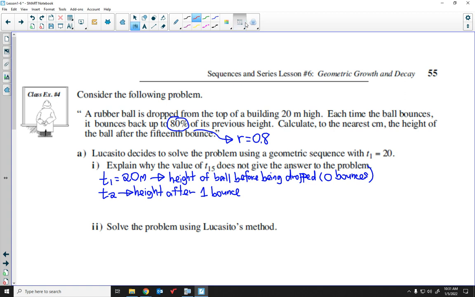Okay, so you got a bit of a problem right here because the term number and the number of bounces are not properly matching up. So if we were to look at T15 here, T15 would be the height after, you got to subtract 1, so it would actually be the height after 14 bounces.